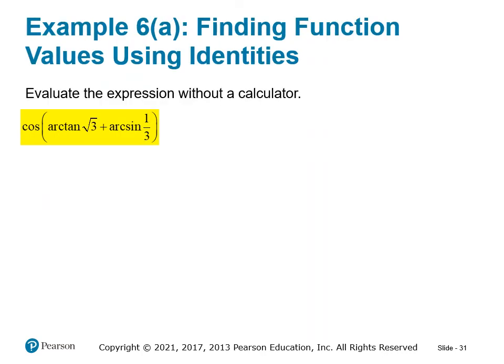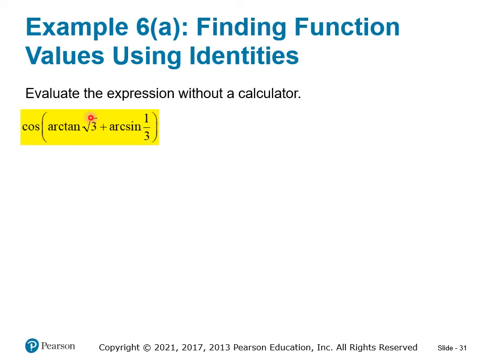They can also be interesting in that they might involve identities. Notice here we have two inverse functions: arctan and arcsine. So really we're looking for the cosine of the sum of two angles. If you remember your identities from chapter 5, we have the cosine of a sum, so we're going to use that to solve these.